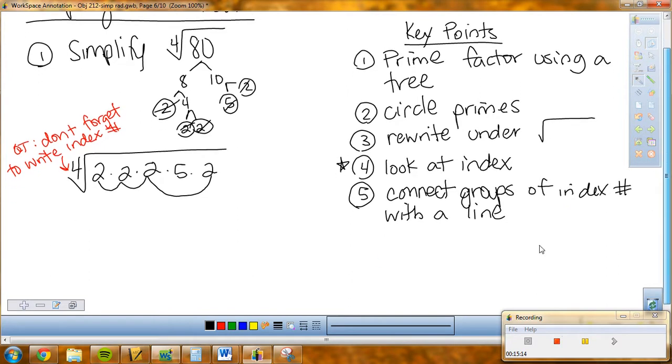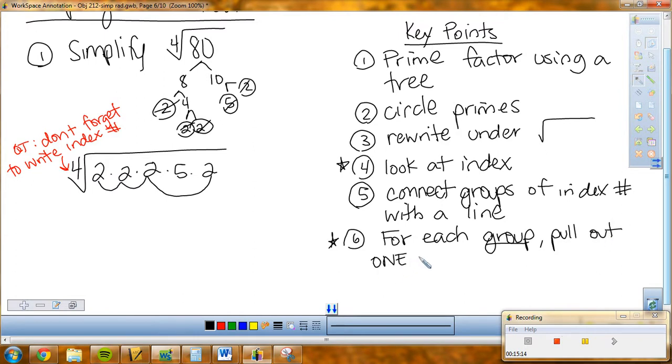So then, step 6, for each group, and in this case it's a group of 4. If your index is different, it might be a group of 3 or a group of 7. We don't know. It depends on the index. For each group, you pull out 1 of that number in front of the radical.